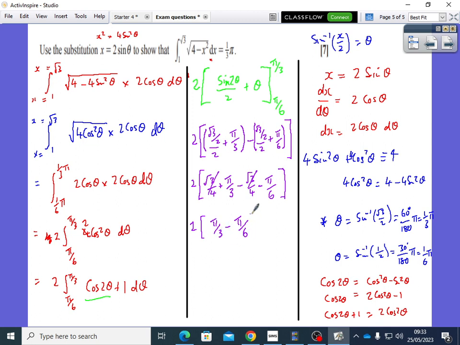Make those equivalent, times top and bottom by 2, so you end up with 2 pi over 6 take away pi over 6, so you just end up with pi over 6. And if you double that, you end up with 1/3 pi, as required. That's what we wanted to show.